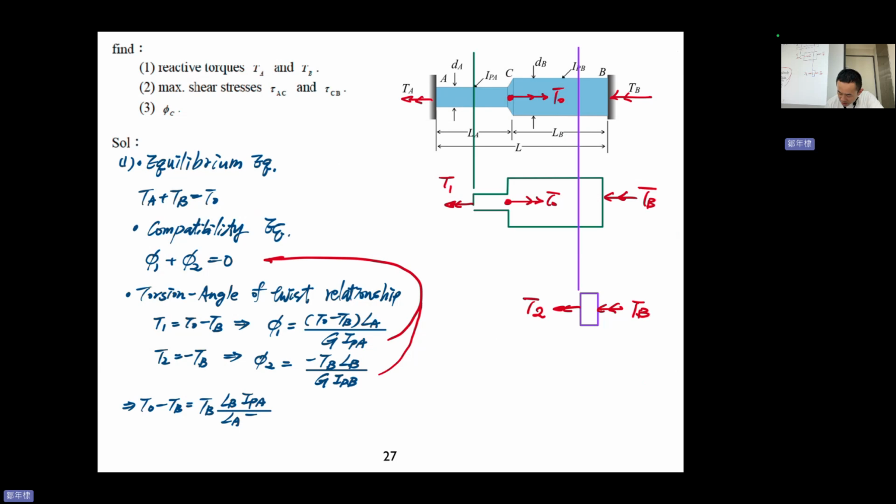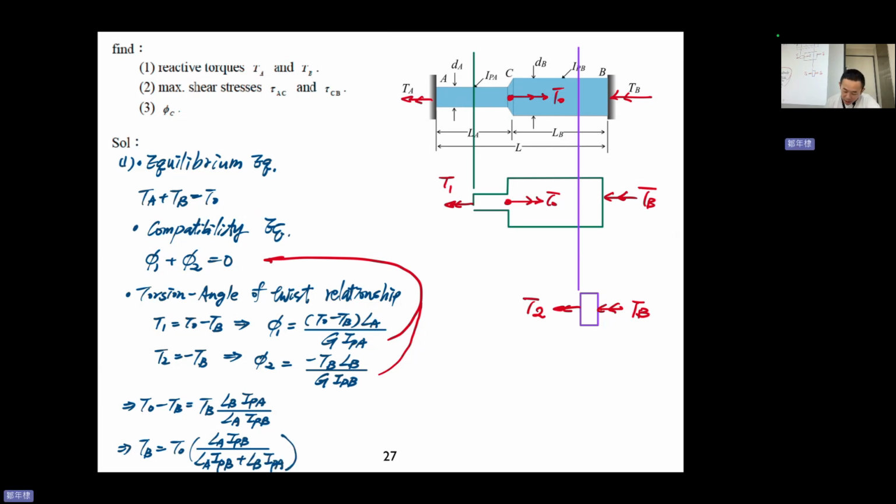So TB equal to T0 times LA IPB divided by LA IPB plus LB IPA.